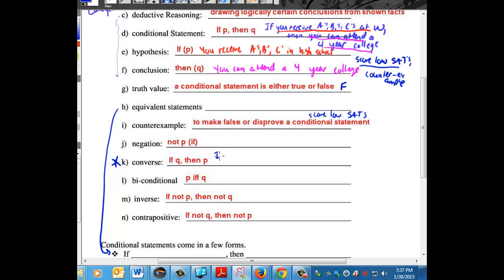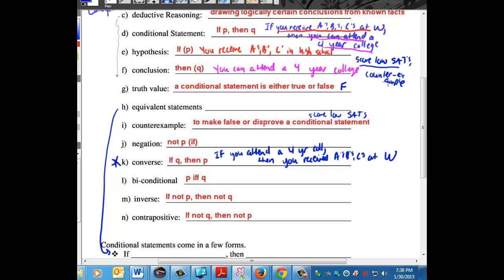We're going to say if you attend a four-year college, then you receive all A's, B's, and C's at high school.